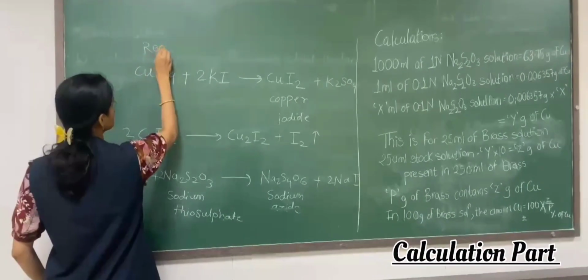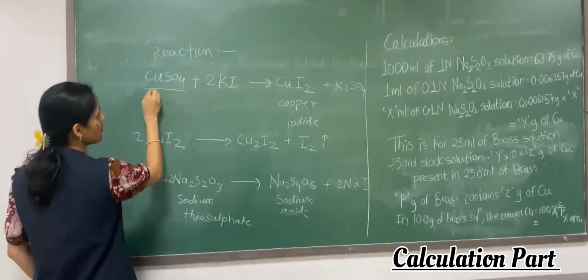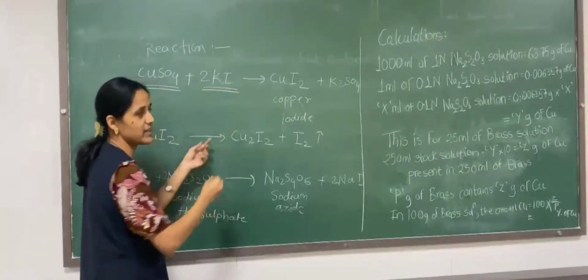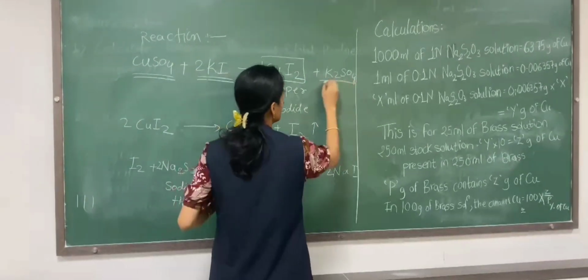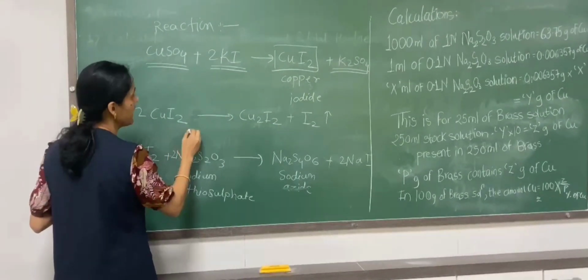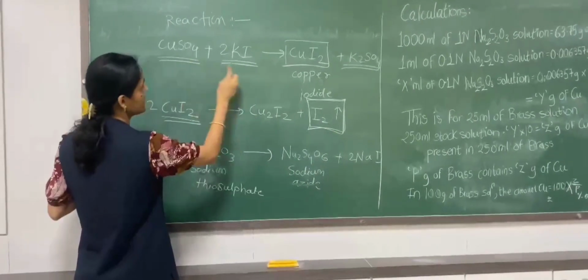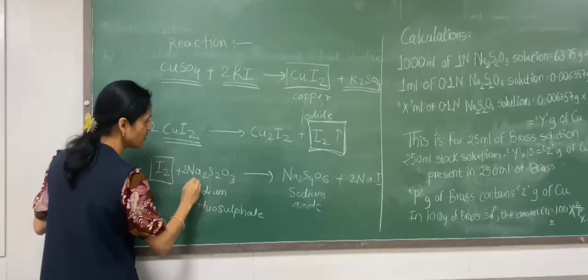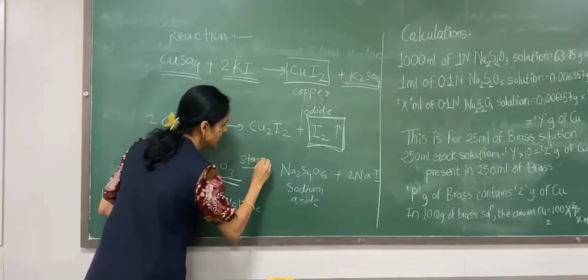So the reactions taking place during the iodometric titration for estimation of copper: the stock solution we have prepared contains CuSO4, which reacts with the KI we added into the stock solution, and forms CuI2 with the formation of potassium sulfate. This CuI2 liberates the equivalent I2, meaning one Cu will produce one I2, and this liberated I2 we treat with sodium thiosulfate using starch as an indicator.